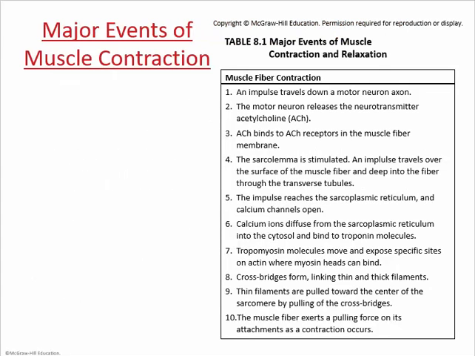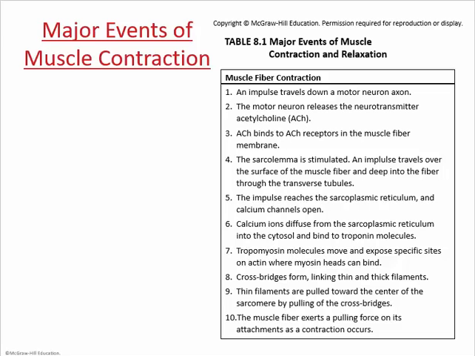So this is kind of the order of things. The impulse gets down the motor neuron. The motor neuron releases acetylcholine. Acetylcholine crosses the cleft and binds to the receptors. The sarcolemma is stimulated, an action potential travels over the surface, a wave of depolarization, and into the transverse tubules.